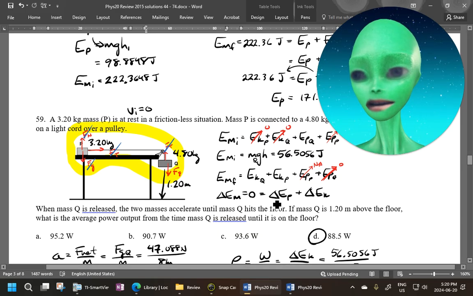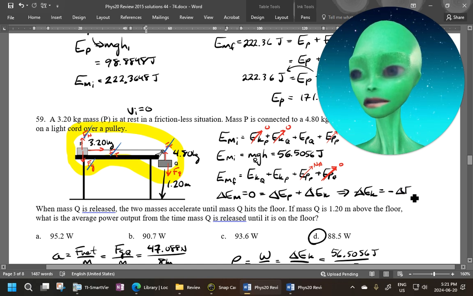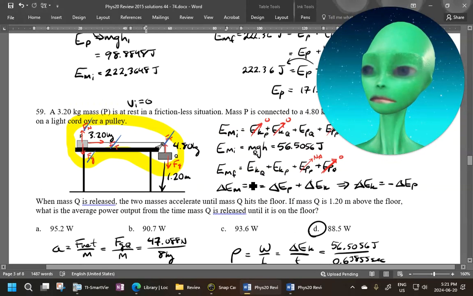If my potential decreases by 56, so that's what's happened, then my kinetic has increased by that same amount.